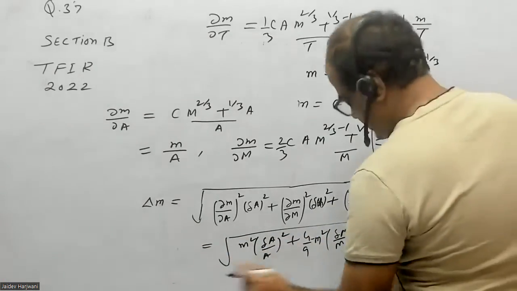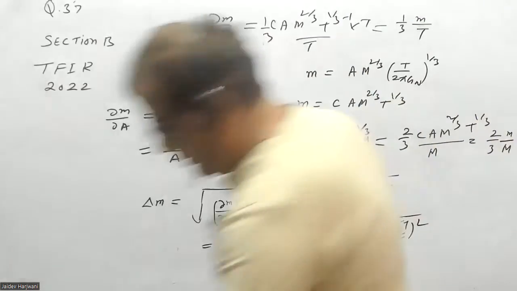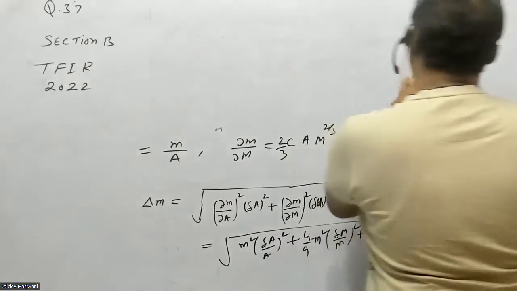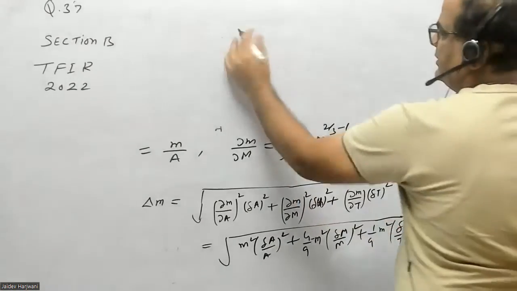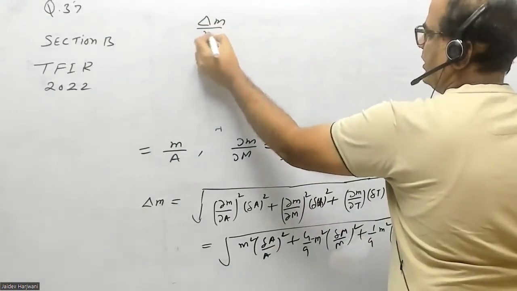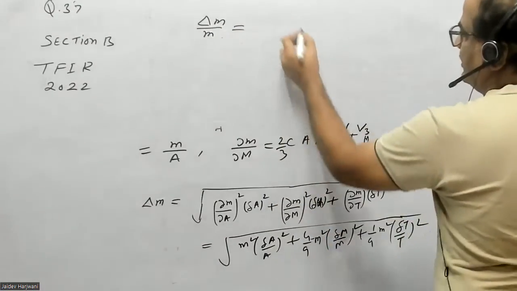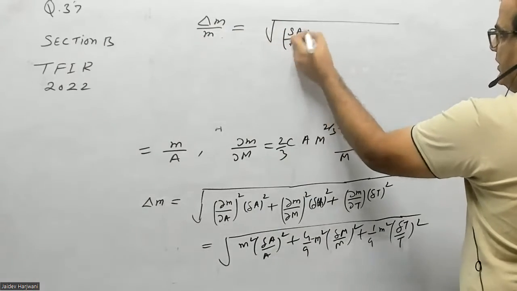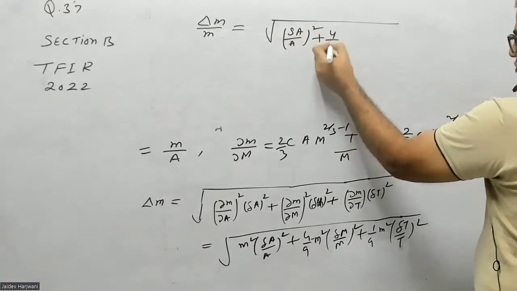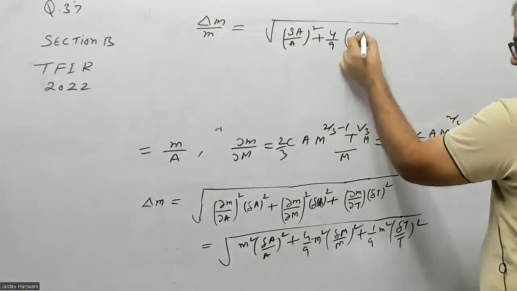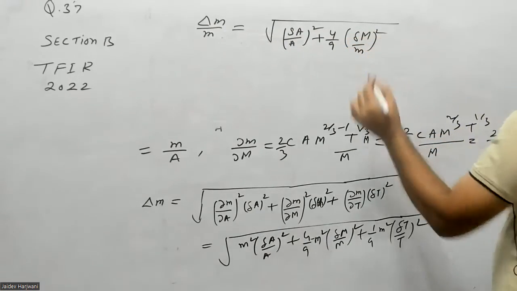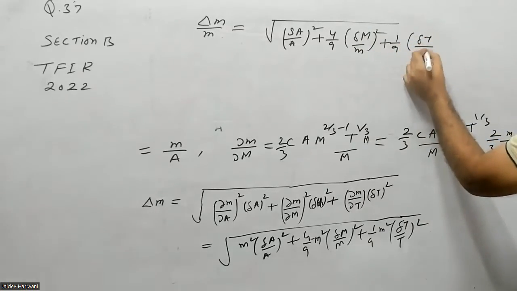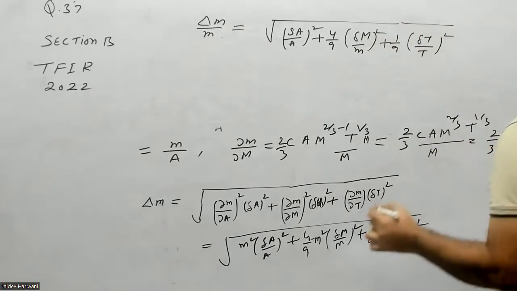So this will become delta m upon m equal to the square root of delta A by A squared plus 4/9 delta M upon M squared plus 1/9 delta T upon T squared.